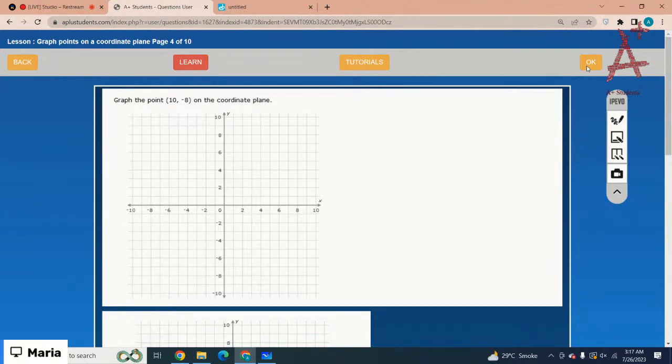Okay, graph the point 10 and negative 8 on the coordinate plane. So which is the correct option? 10 and negative 8. X is positive and y is negative.